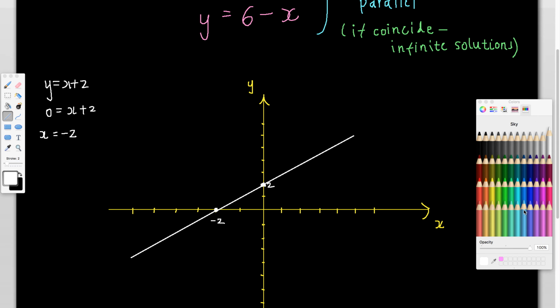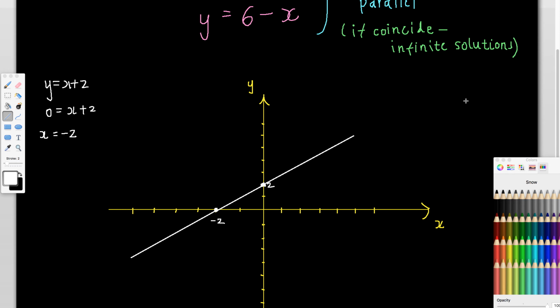Now I can do this with the second line. I'll do that on this side to keep them separate. This was my rule, y equals 6 minus x. The y-intercept in this case is 6, which I can read from the rule. It also has a negative gradient, so it's going to come down this way.